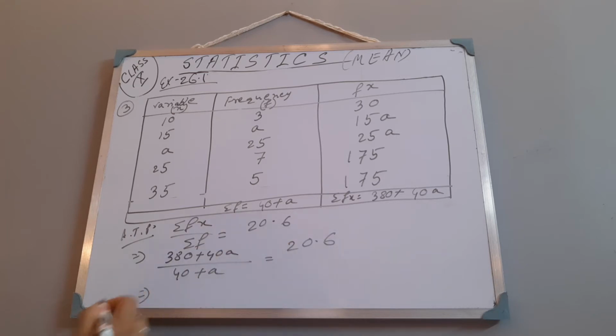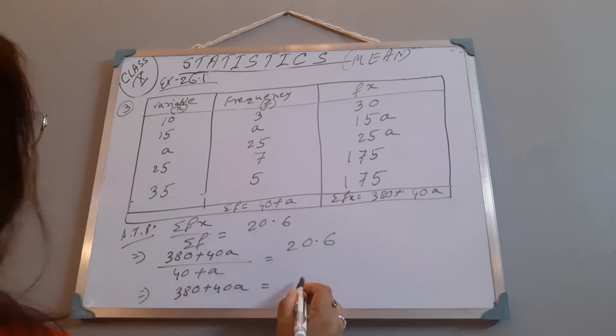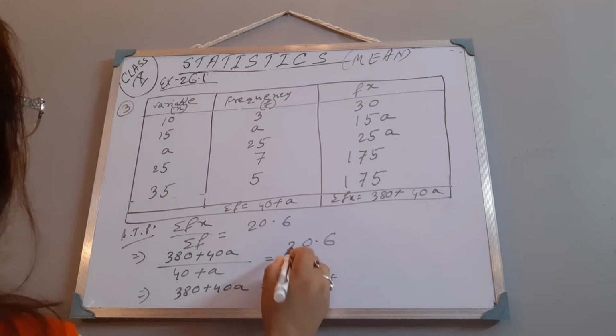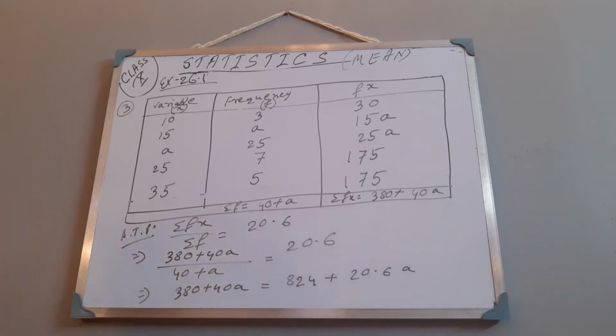Just do the cross multiplication. Then what we will get? 380 plus 40a equals 40 into 20.6 plus 20.6 into a. 40 into 20.6 gives us 824 plus 20.6a. Okay.